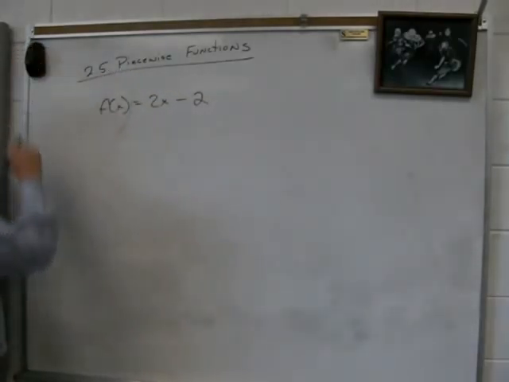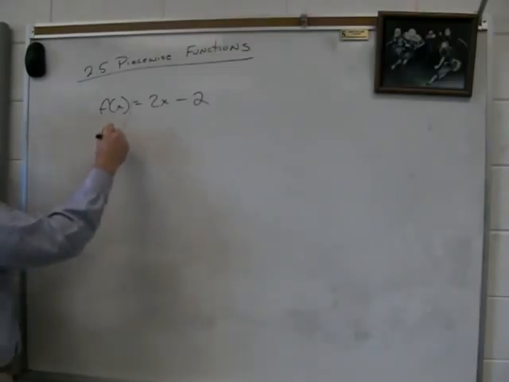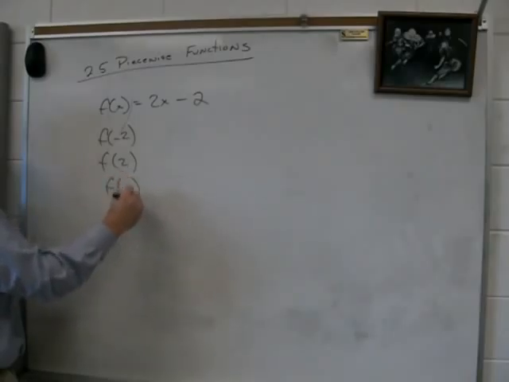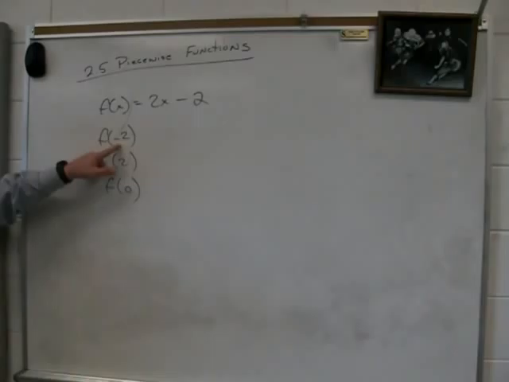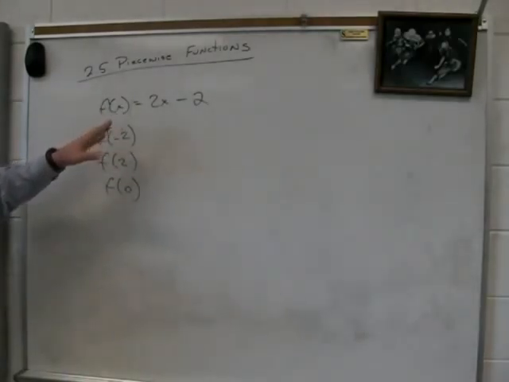The first thing that I need you to be able to do is to evaluate the function at different points. For example, you need to be able to evaluate it at negative 2, positive 2, 0, 5, 6, 10, 22, wherever. Wherever I ask you to evaluate the function, you need to be able to take that function and evaluate it at that point.